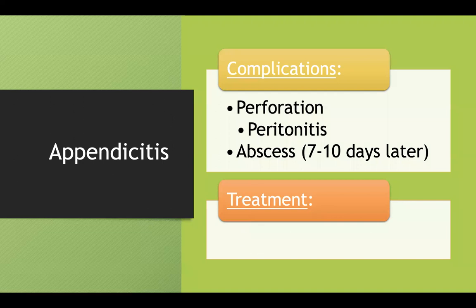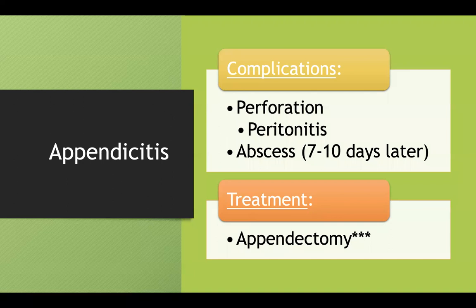So to treat appendicitis, it's often treated surgically with an appendectomy. I did put a couple asterisks here. When I took step one, appendectomy was always the answer. And I think it still is, but I've heard recently that they're trying to move the guidelines to where you can give antibiotics in certain cases.